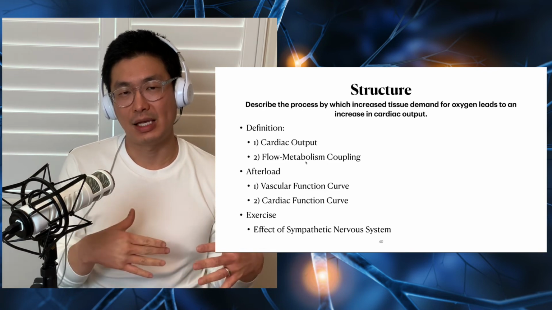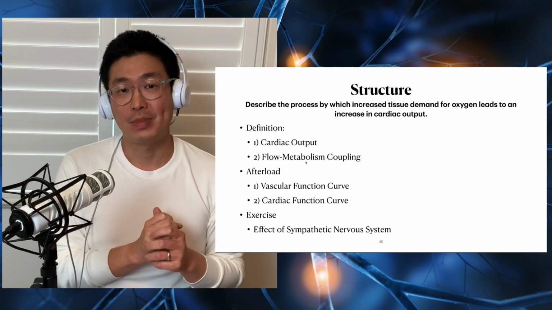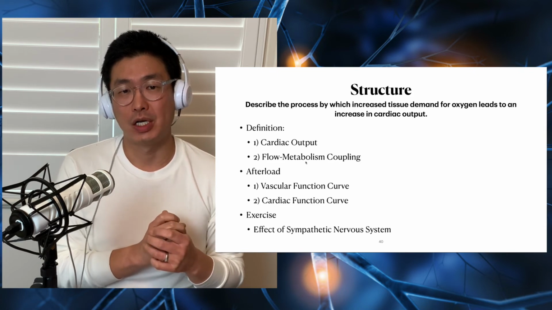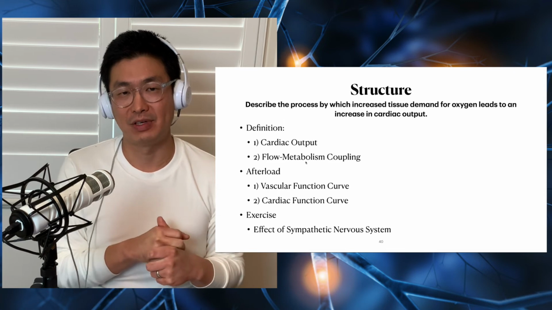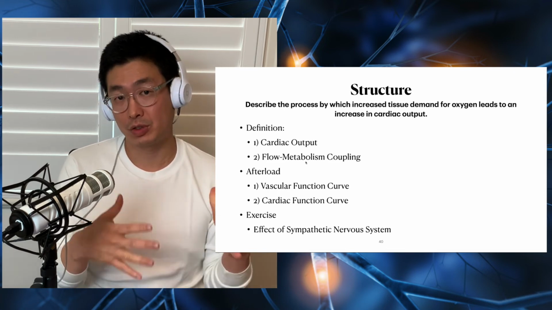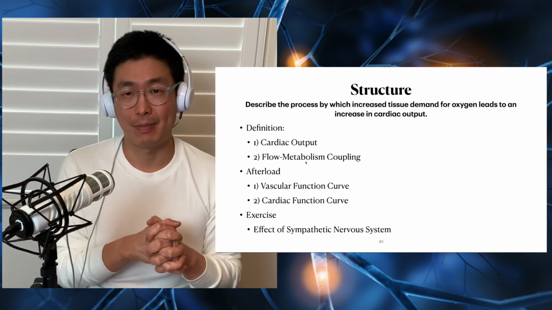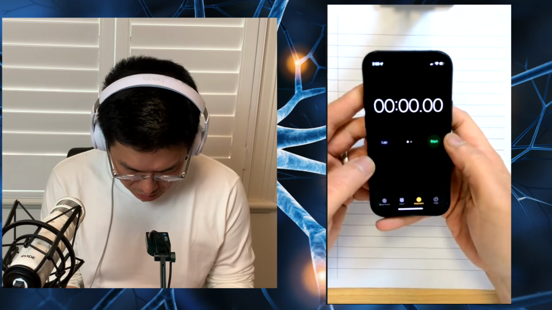And thirdly, I'm going to make a quick note just about exercise and its effect on the sympathetic nervous system. So that's probably the way that I'm going to frame my answer here. All right. So let's go.